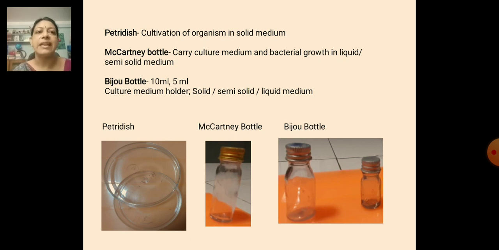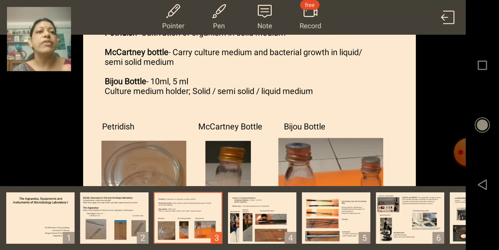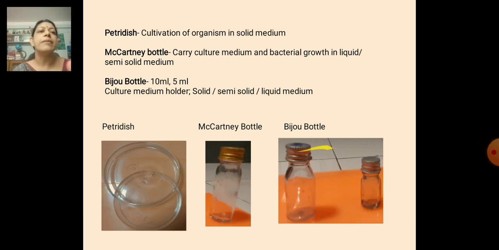The second ones are the two you see over here. One is the McCartney bottle and the other is the Bijou bottle. These are glass bottles with an aluminium screw cap. The McCartney bottle is used to transfer the bacterial growth in the liquid or semi-solid medium.